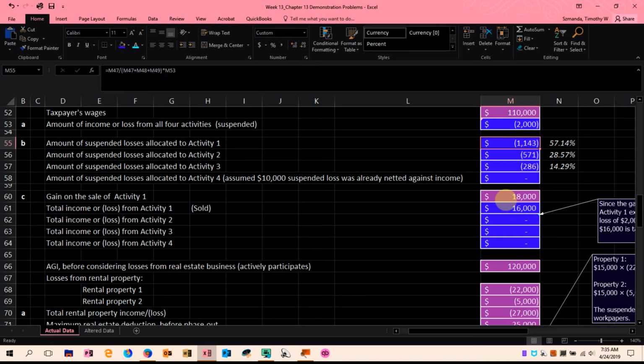Part C asks, well, if activity 1 were sold at an $18,000 gain, what would be the total income or loss from the 4 activities?